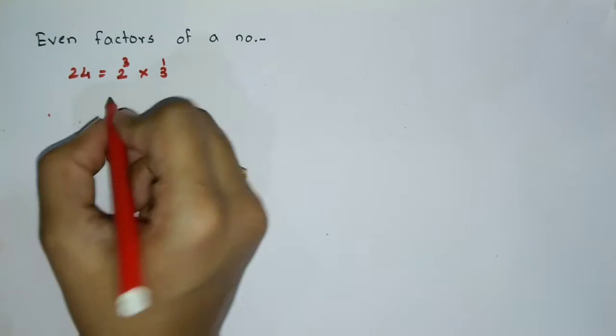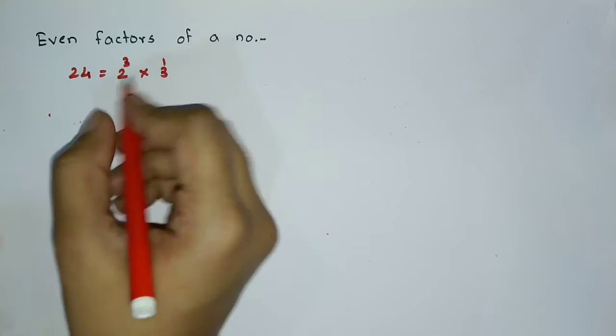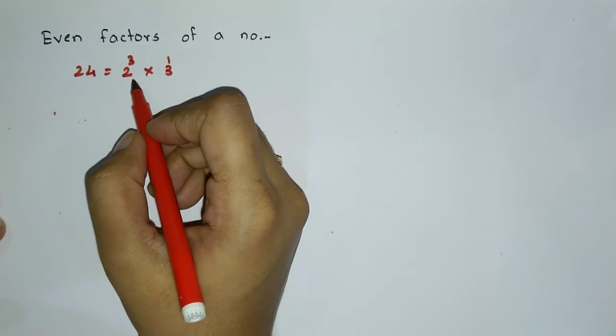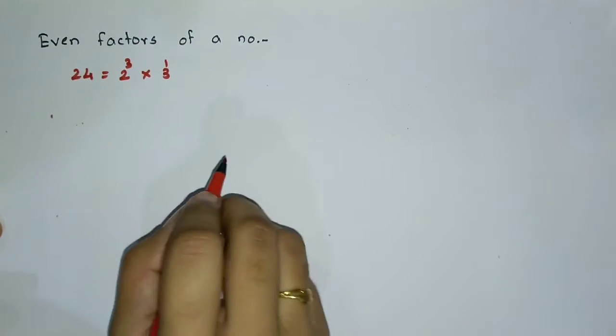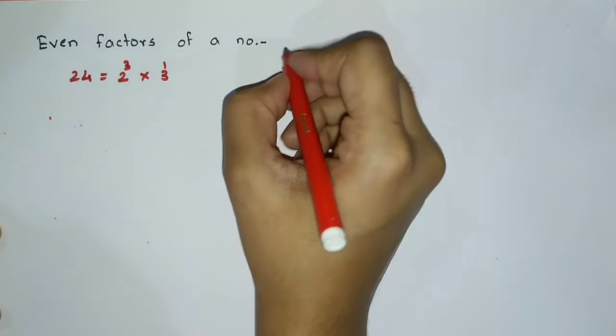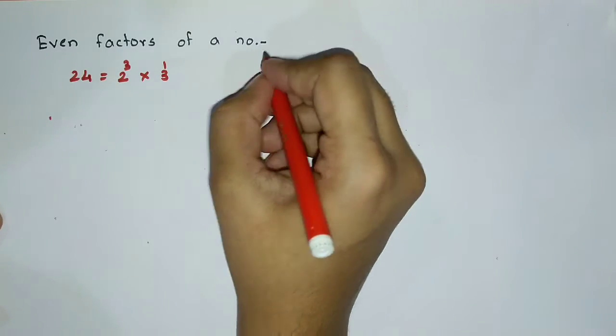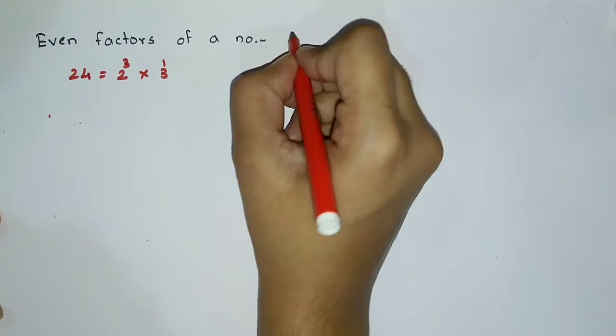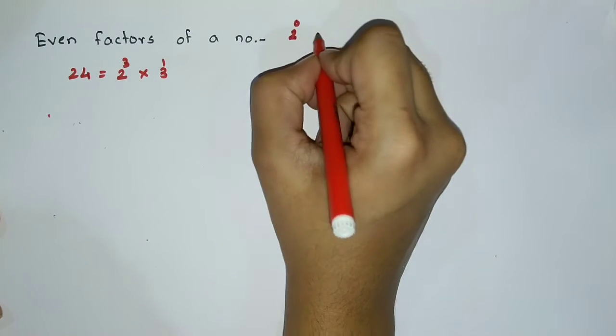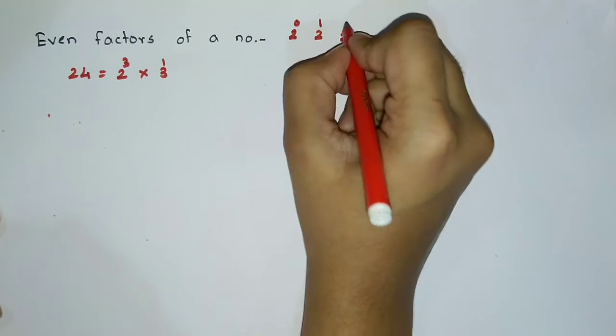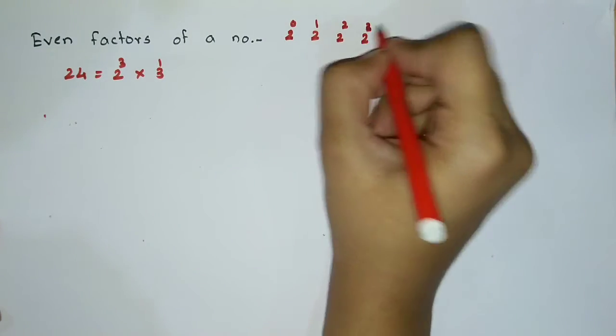Here, 2 cube and 3 raised to 1 factors are written as 2 raised to 0, 2 raised to 1, 2 raised to 2, 2 raised to 3.